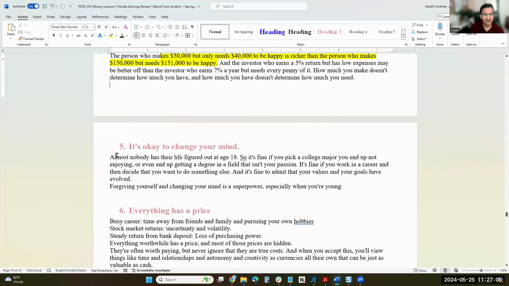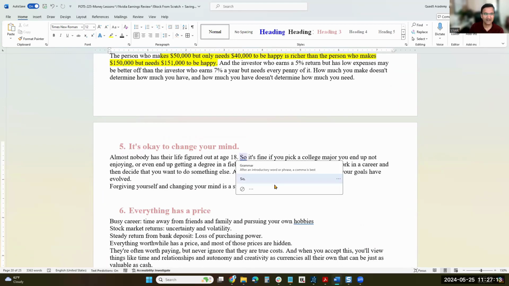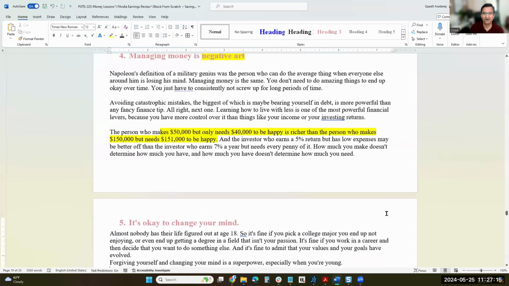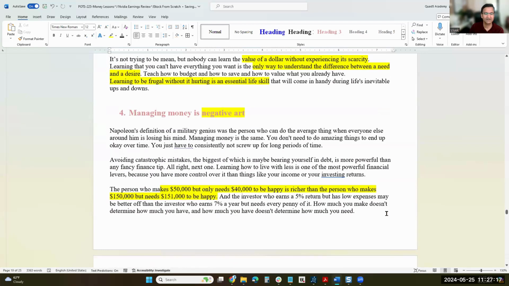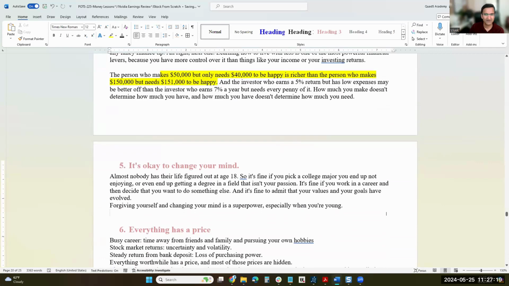Fifth, it's okay to change our mind, for kids as well as for us. I have no shame in admitting that I was wrong on Roblox. I shared with you guys, now I'm done with it. The company hasn't been performing, and I've changed my mind. I reserve the right to change my mind tomorrow also. That's why I come and share, okay, this is what I invested in.